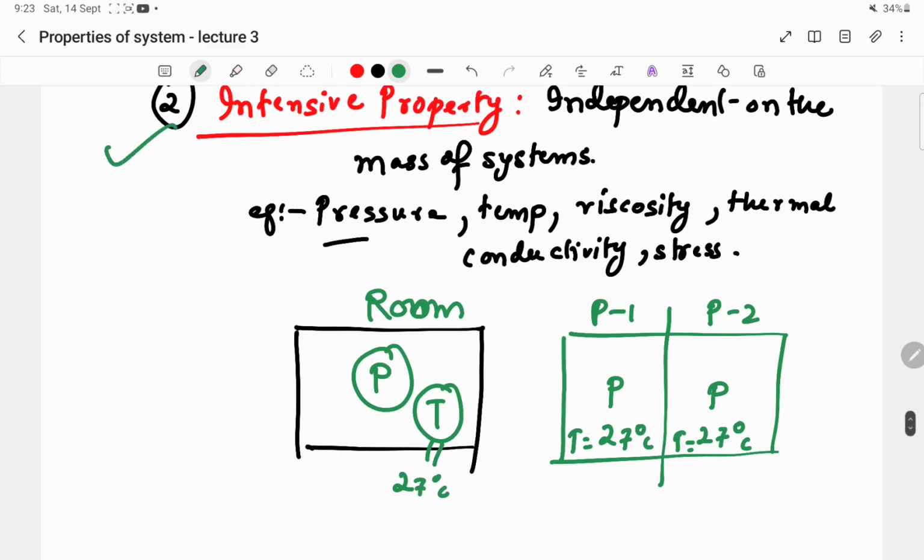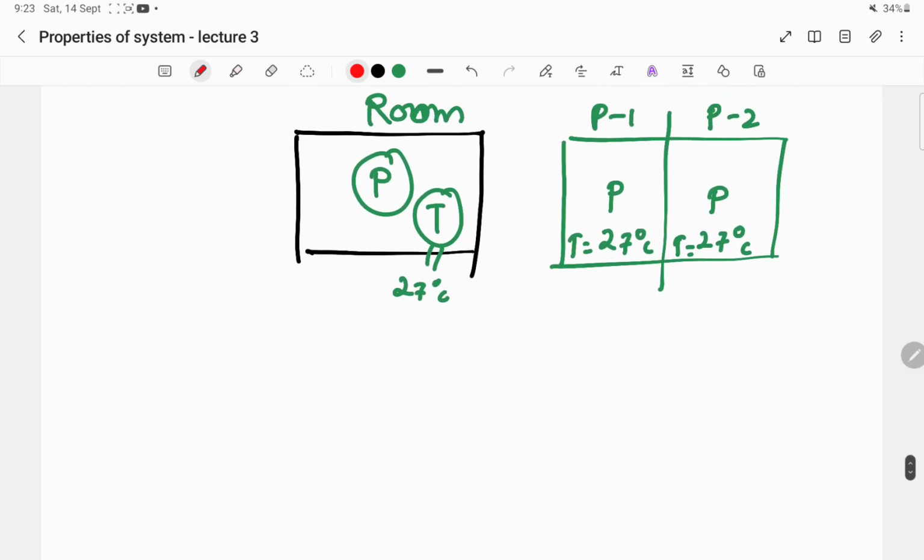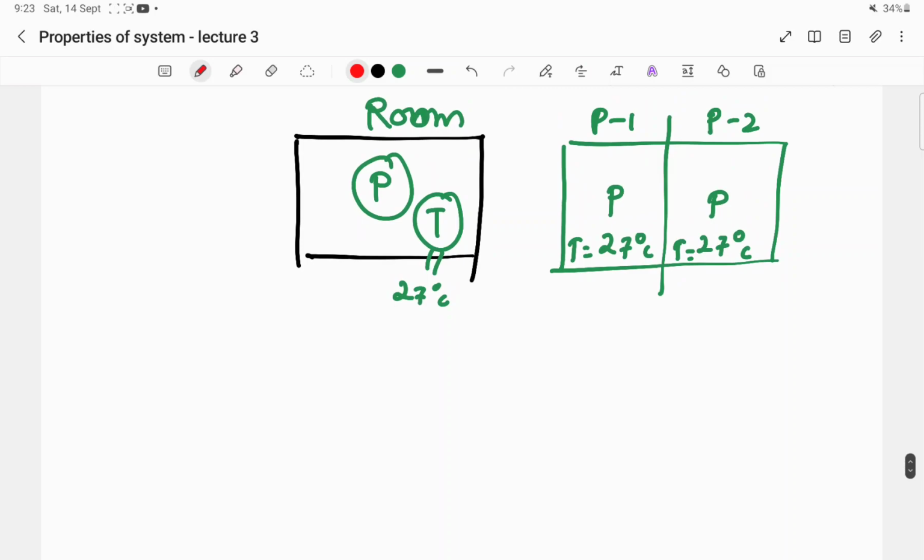Okay. And let me explain one more thing. In this intensive property, we can also write one more example, density. Let me explain this to you also. As you know, density is what? Density is mass per unit volume, right?